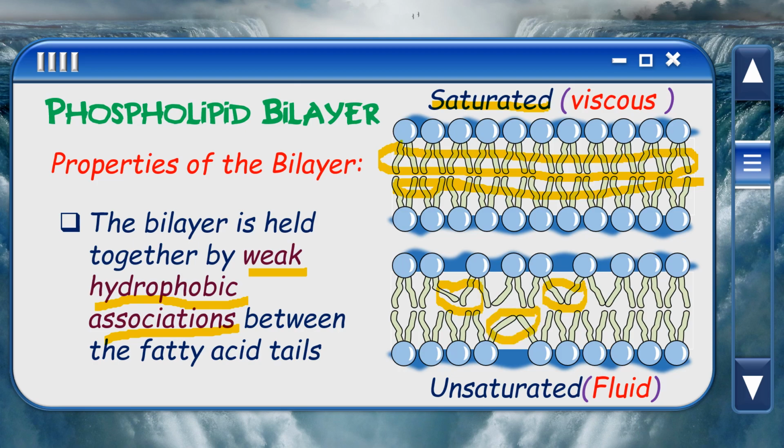Those kinks are brought about by double bonds in the fatty acid tails, which makes the bilayer unsaturated, and therefore it becomes fluid-like.